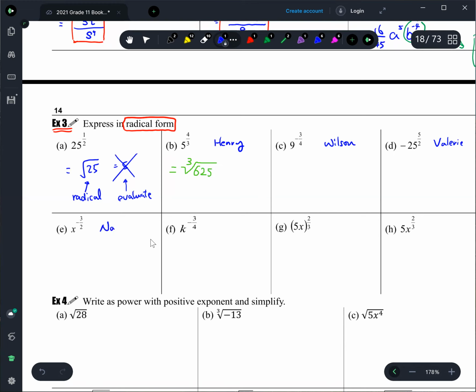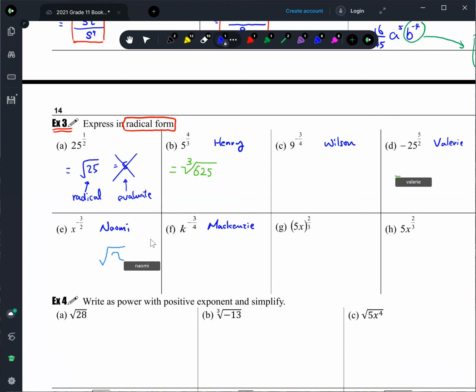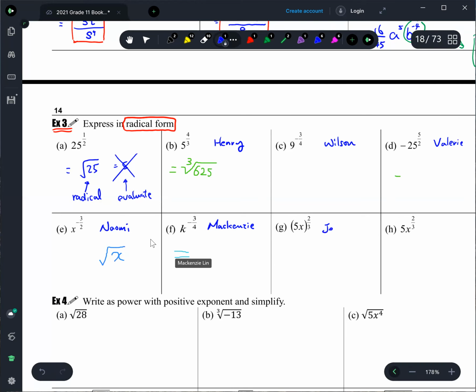And Naomi for E. Mackenzie for F. Okay, and G and H, right? G and H very close. Jenny for G and Bernice for H.